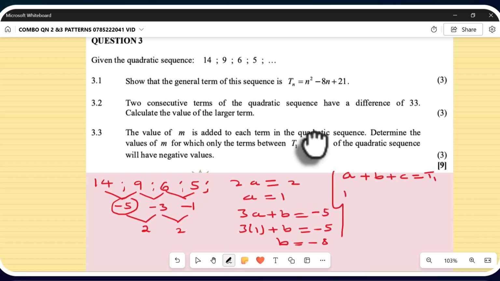And so because of that, you can find the other one by using Tn minus Tn minus 1 equals 33.